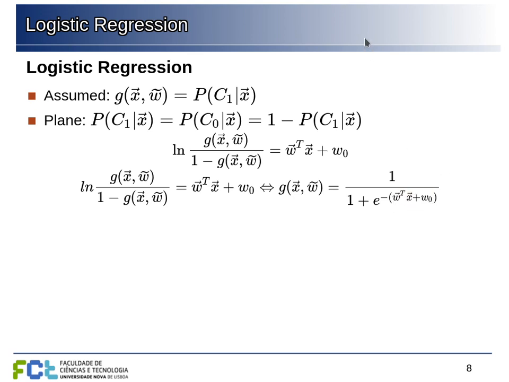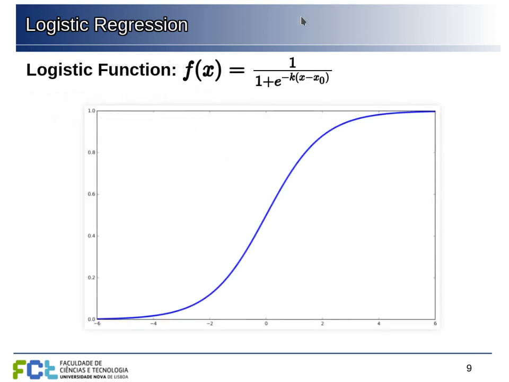So this will be what we're going to try to approximate, the function we're going to use to approximate the probability of belonging to class 0 and class 1. And it will have this property that it will separate the two classes in a hyperplane.